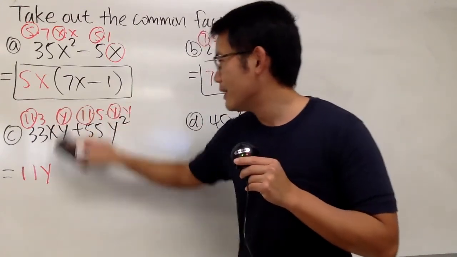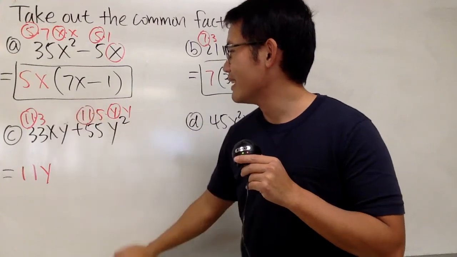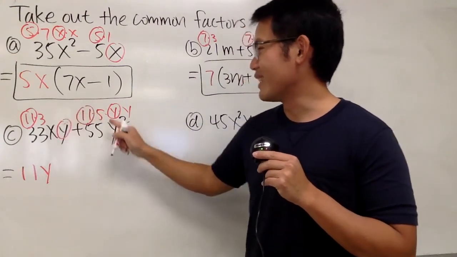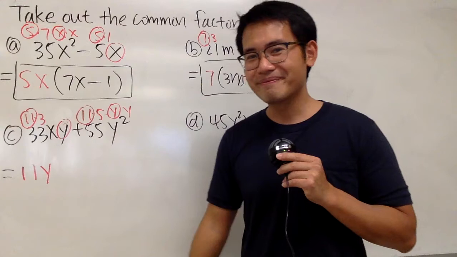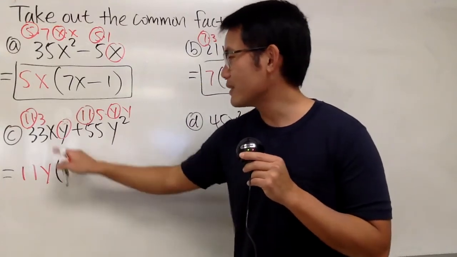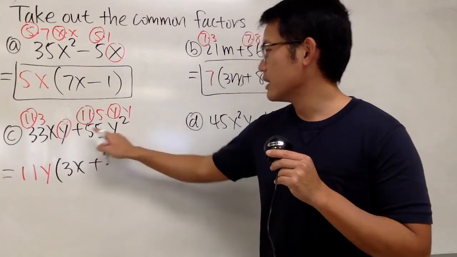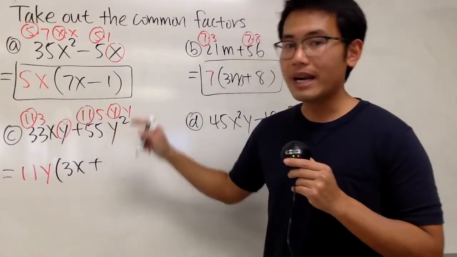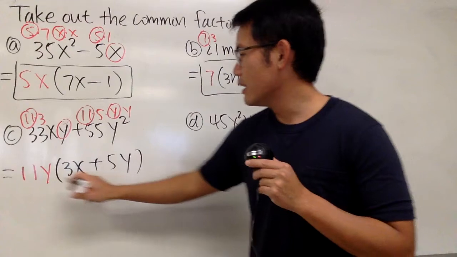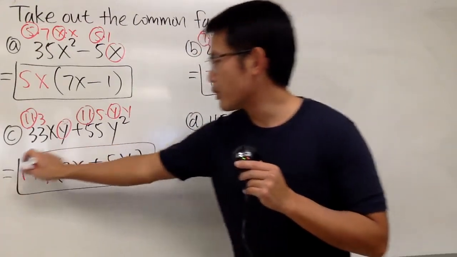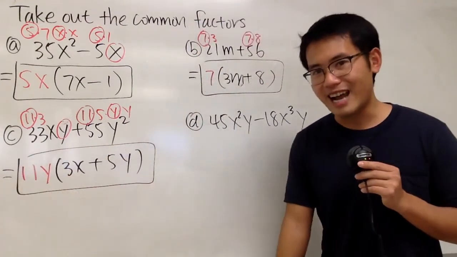And in fact, I could have just circled this y because y is just by itself. This y and that y in common, we can just factor that out like that. Okay, then finally we see 3x left plus, for the second term, we have 5y left. So finally, the answer is 11y times the parentheses with 3x plus 5y inside.